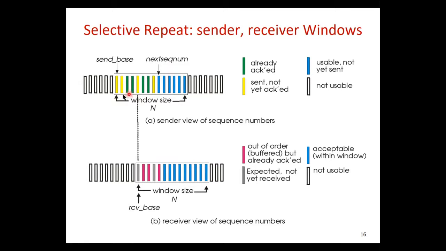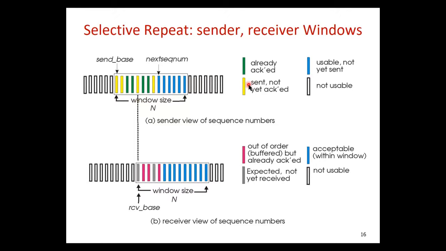the window cannot slide. It has to stay here and wait for the ACK of 5. So the window stays at send base equal 5, but the sender may receive ACK of 7. It may receive ACK of 8. So all of that needs to be recorded at the sender, because it has to remember that, so that it will not send packets 7 and 8 again.